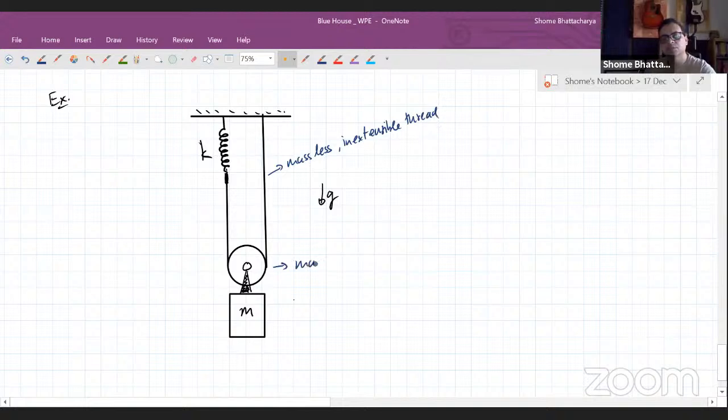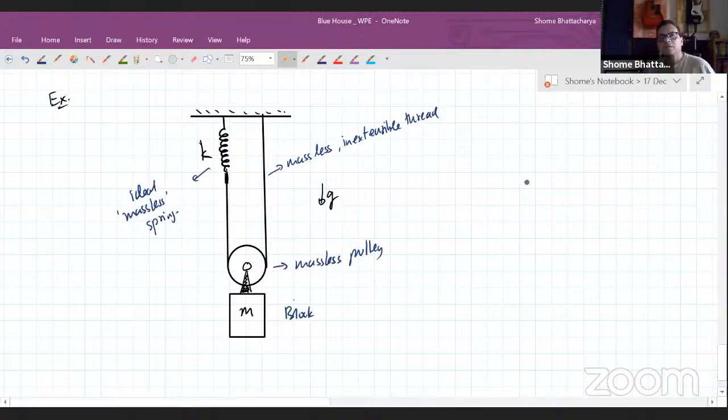This is a massless pulley. Now this block is attached to it. And this is an ideal spring, so it is massless. And given to us is that the mass of the block is 5 kilograms, and the spring constant is, let us say, 25 Newton per centimeter. Okay.